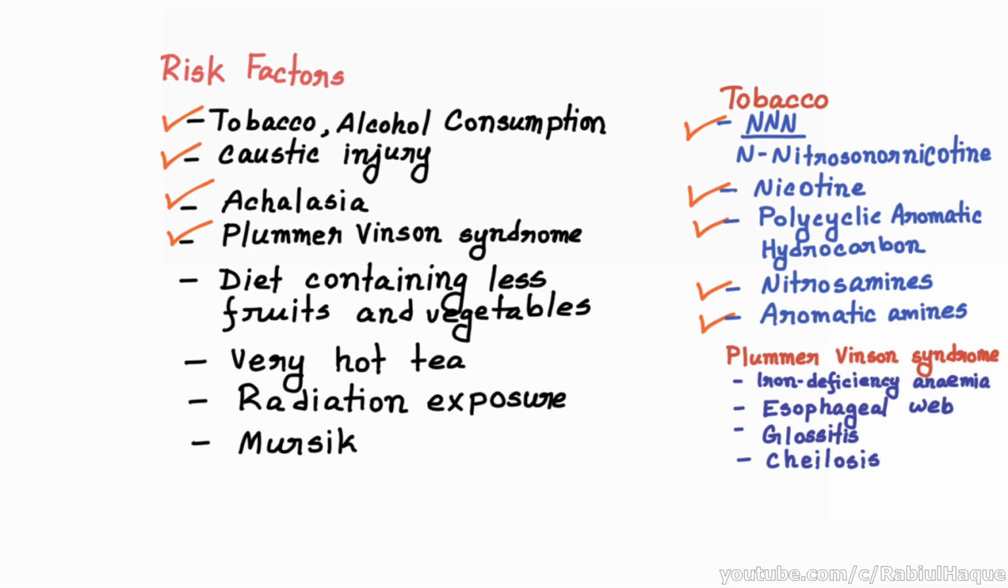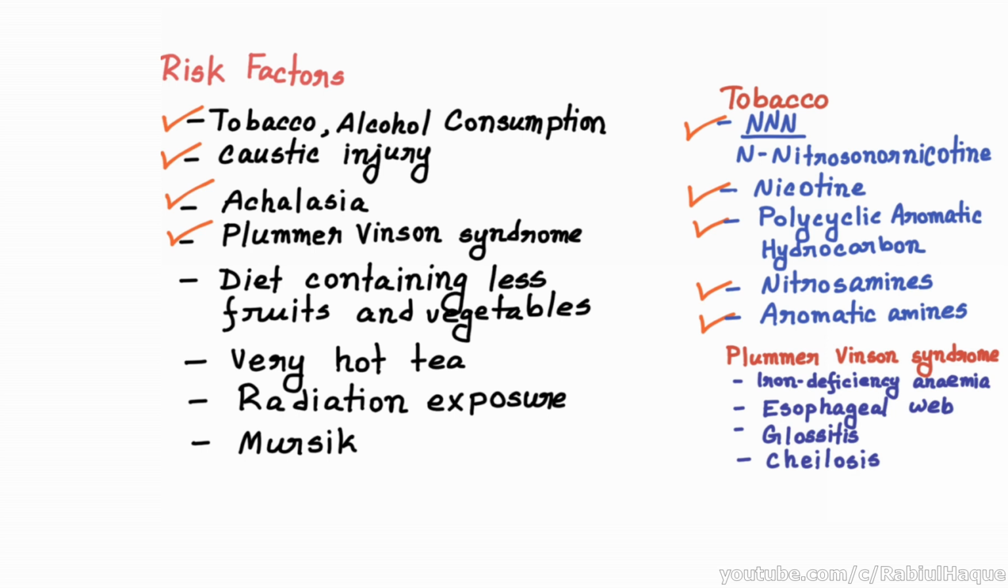So all these things are happening in Plummer-Vinson syndrome, and you may often have a short note on Plummer-Vinson syndrome from other chapters. But always remember that individuals with Plummer-Vinson syndrome are at risk of developing esophageal cancer, esophageal squamous cell carcinoma in the long run.